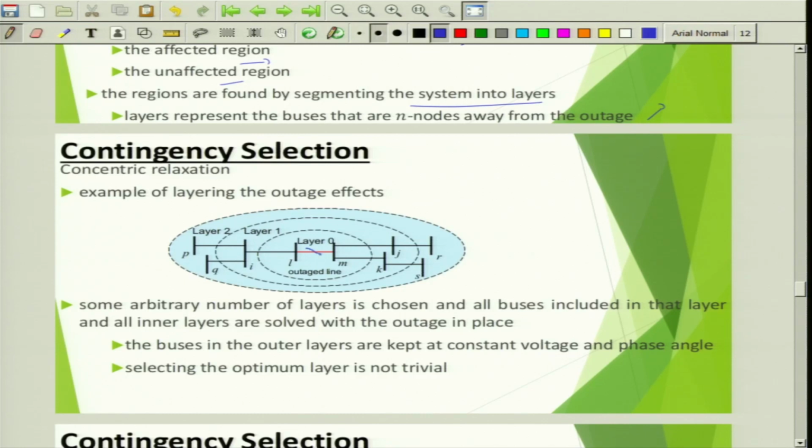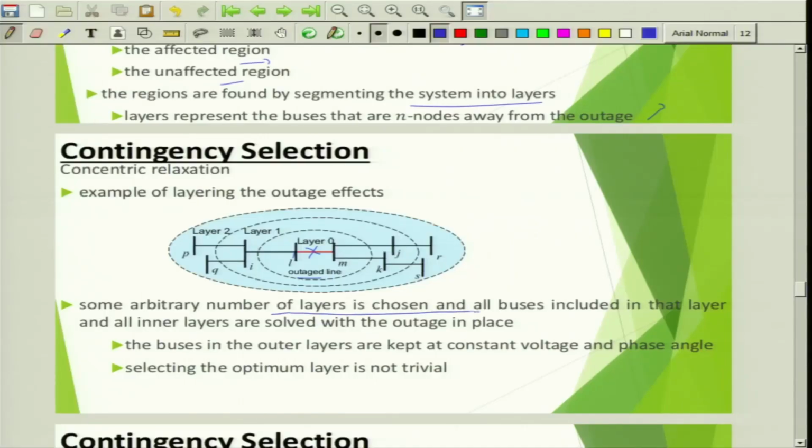See, let's say there is an outage happening between two buses here. So let's consider this to be layer 0, and the immediate next is layer 1, and next is layer 2. That means where the outage is happening, the immediate next layer is of interest for our study actually.